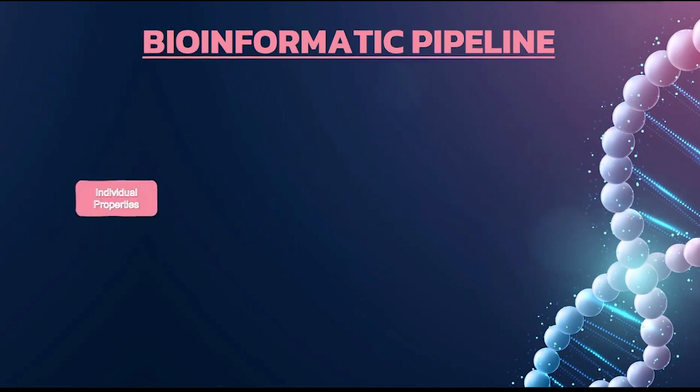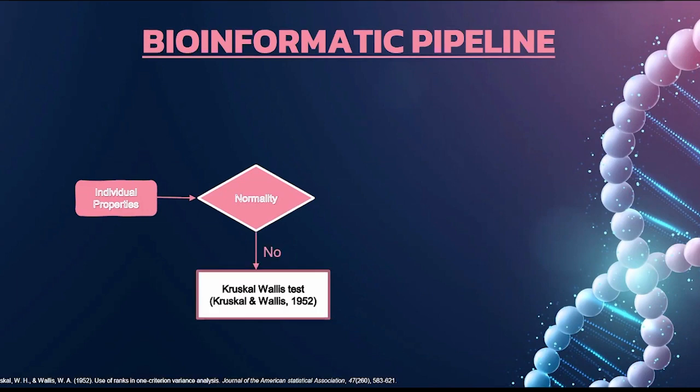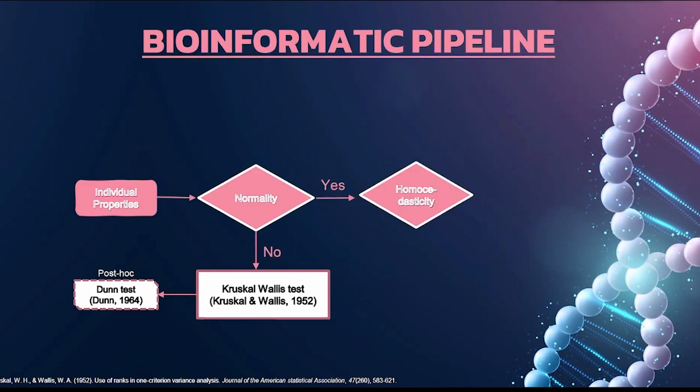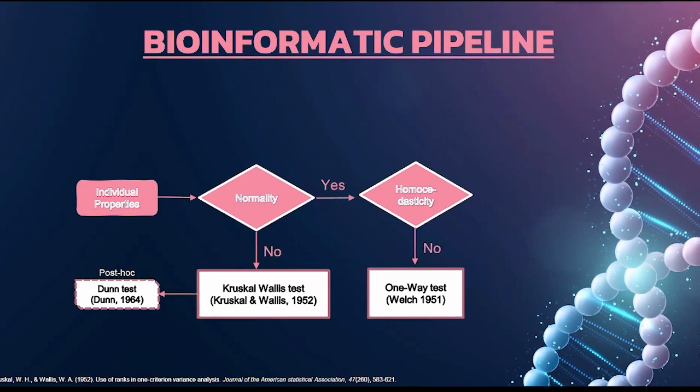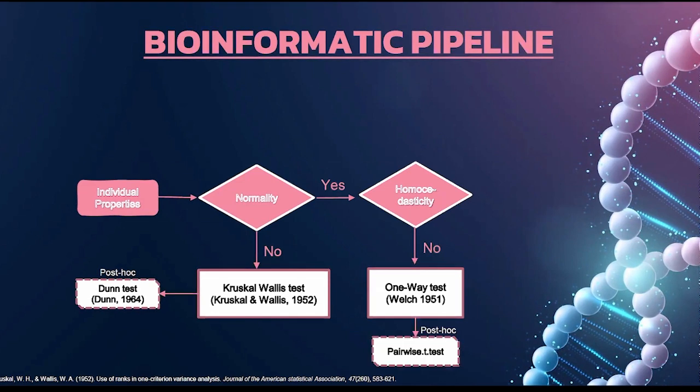Regarding the first group, you can only analyze one variable or individual properties. So for that, the first step is to test the normality of the data. If you don't meet the normality of the data, then you should perform a non-parametrical test like the Kruskal-Wallis test. If you meet the normality, then you must test the homoscedasticity of the data, and if you don't meet the homoscedasticity, then you have to perform an alternative test like the one-way test.